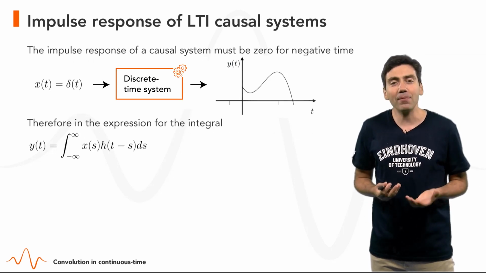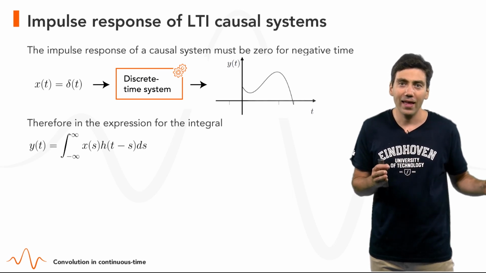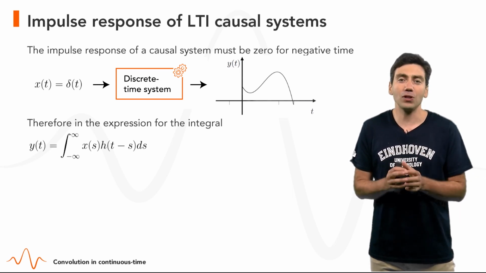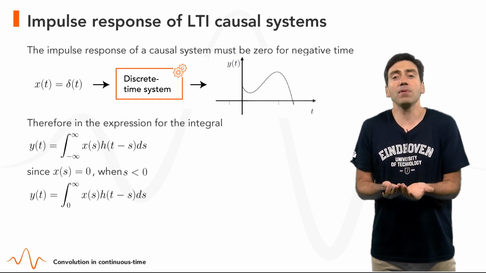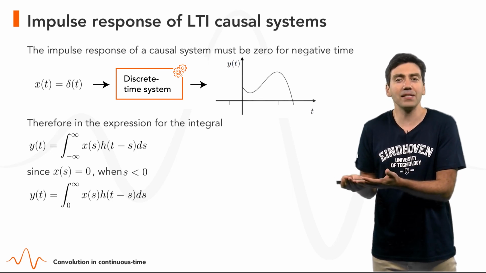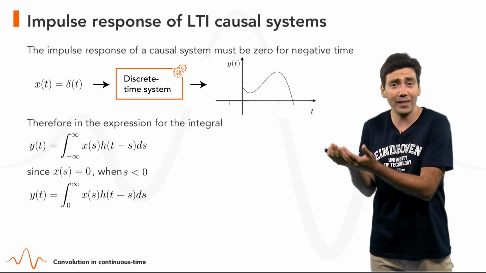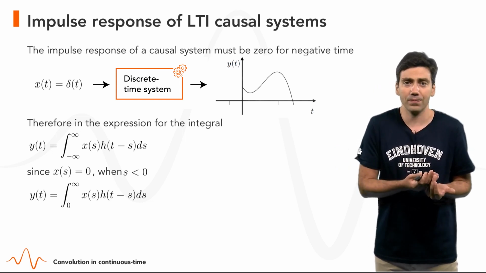Just as in discrete time, if the signals are 0 for negative time, the expression for the convolution is also simpler here. We can first simply replace in the formula the lower limit of the integration, that is minus infinity, by 0, since x of s is 0 for negative s.